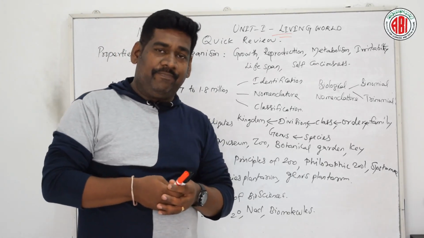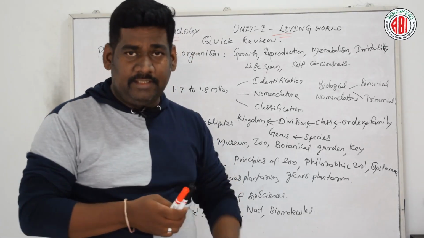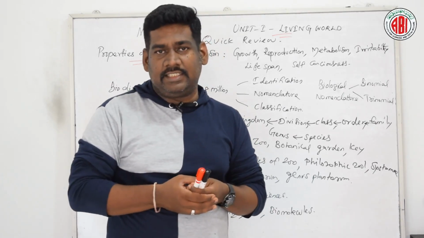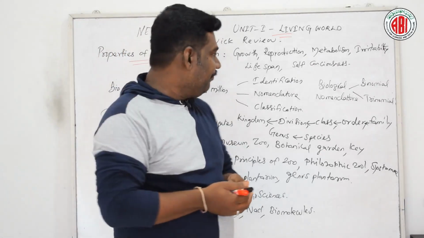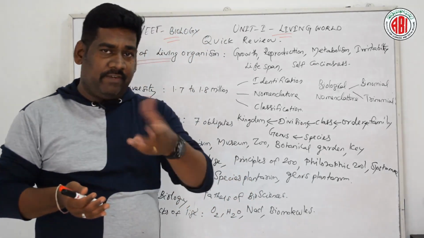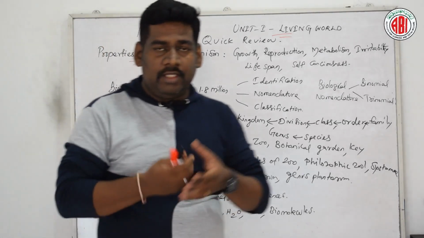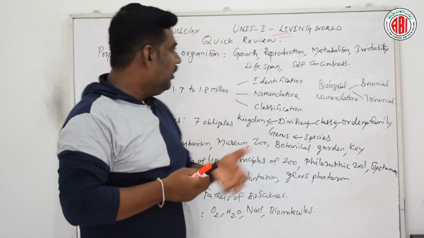This includes cell division, which leads to the formation of a group of cells, or tissue. Tissues form the organ and organ system, which then give a whole organism. That is about growth.